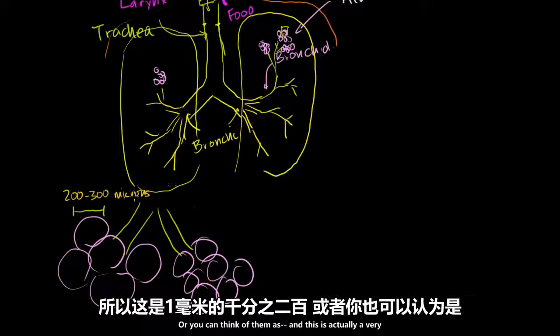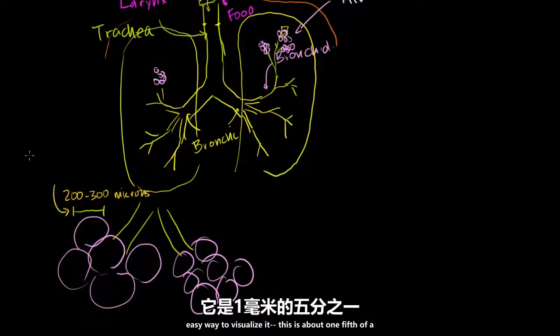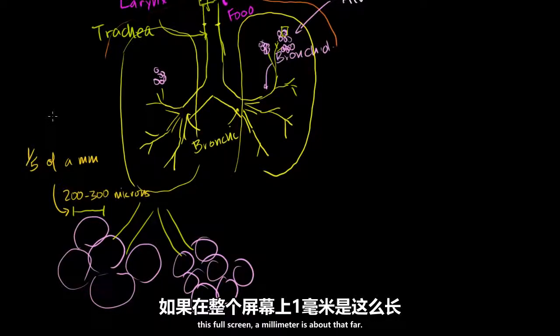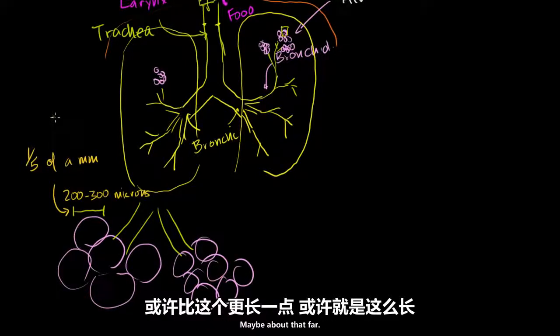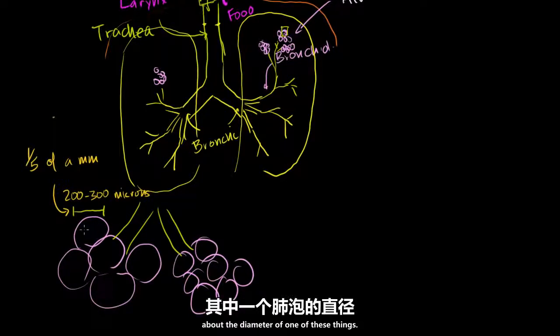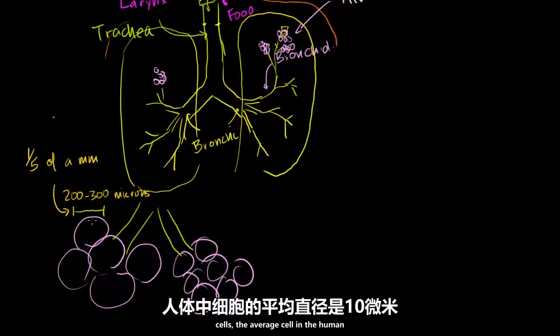Or you can think of them as, and this is actually a very easy way to visualize it, about 1/5 of a millimeter. So if I actually try to draw it on the screen, if you made this full screen, a millimeter is about that far. Maybe about that far. So imagine a fifth of that, and that's what we're talking about, the diameter of one of these things. And just to put it in the whole scheme relative to cells, the average cell in the human body is about 10 microns.